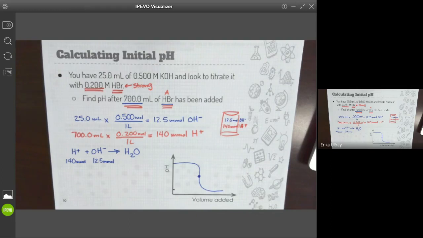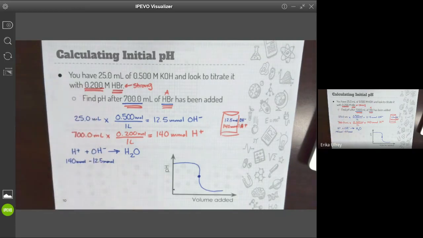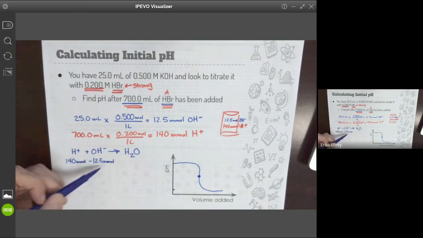Yeah, so we're going to completely consume those hydroxide. So we're just going to subtract these two. My 140 minus my 12.5 from my OH, because we're going to take 12.5 moles of hydrogen to go with these 12.5 moles of my OH.